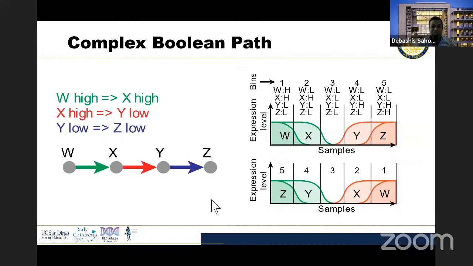If you have these edges in the network, you can figure out there may be 5 possible bins. And the samples in these bins can be ordered in either this way or the reverse. So you can figure out 1 2 3 4 5 or 5 4 3 2 1. These are the 2 possible orderings that you can come up with.